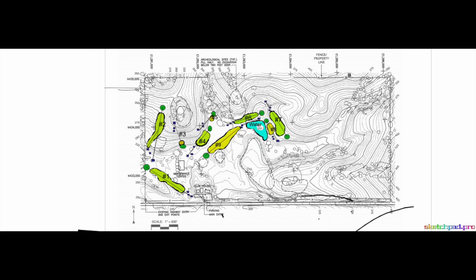Next, we need to know how to read the contour lines in order to find the layout of the map. The first point to look for is how close together the contour lines are. The closer the lines are together, the more severe the slope is.